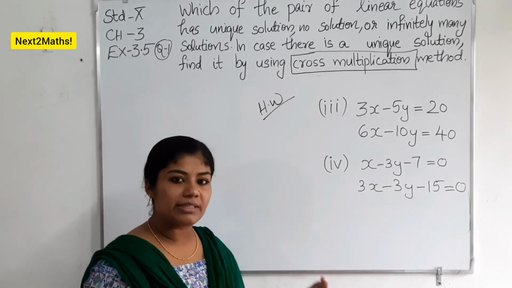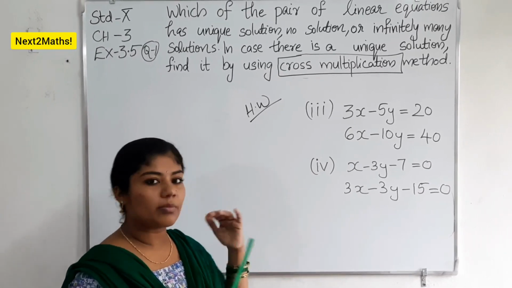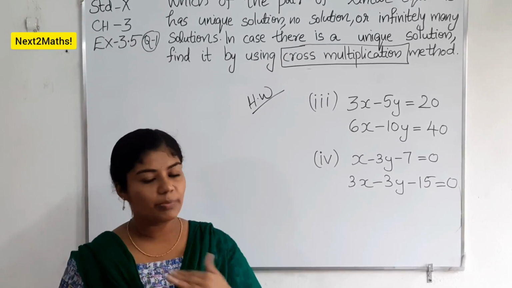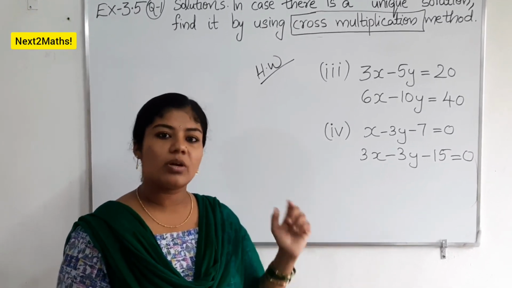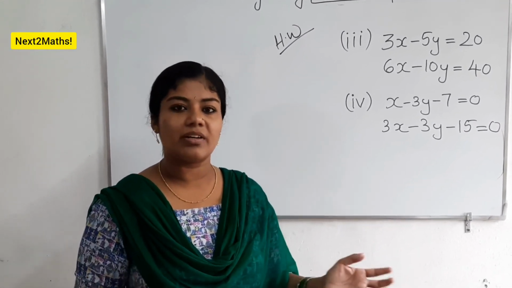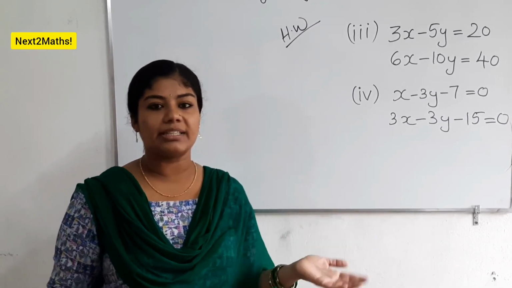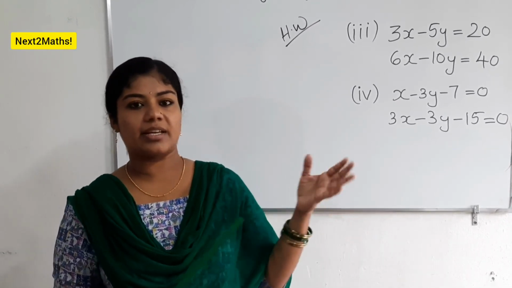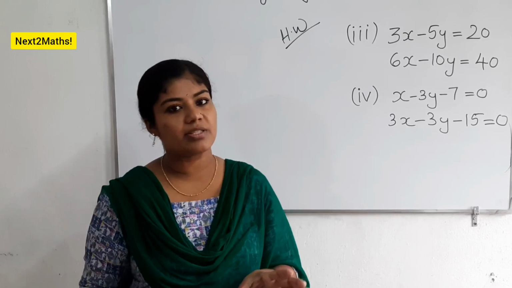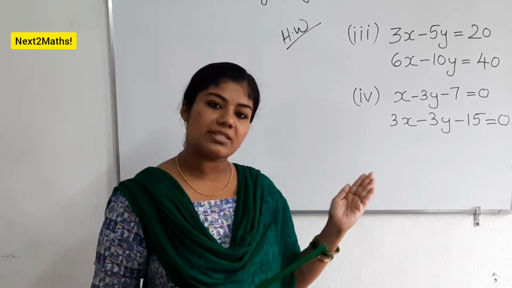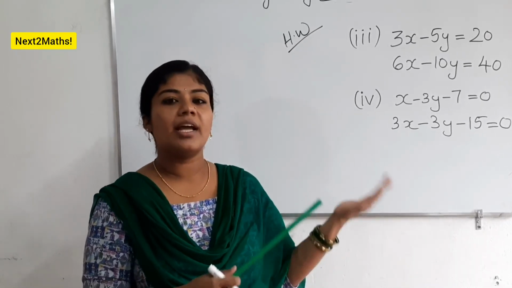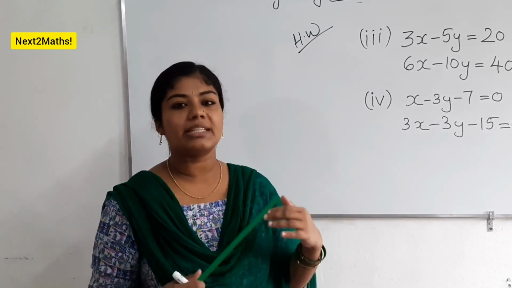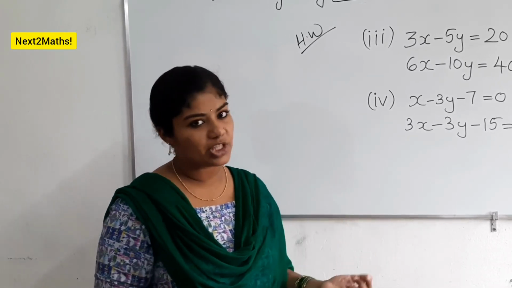If you have doubts in this session, you just watch from the beginning till the end, and also understand the cross multiplication method well, and our previous portions regarding consistent, inconsistent and unique solution, infinitely many solutions. All these parts we just discussed in the beginning session, and now we are comparing and applying that portion with our cross multiplication method.